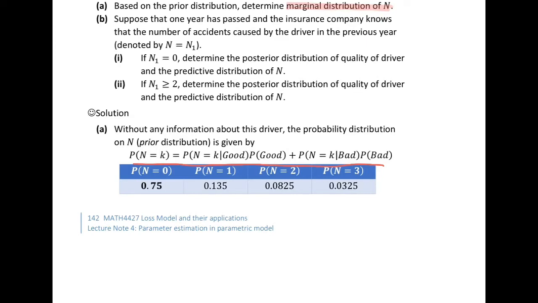You just fix the type of the driver and then calculate this probability. Here you only have two types of driver, so this probability will be just the sum of these two terms. For example, if you want to calculate the probability that N equals 0, you use the law of total probability and decompose it into two terms like that.